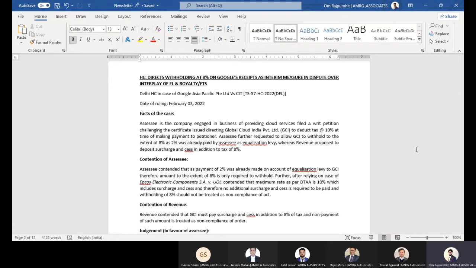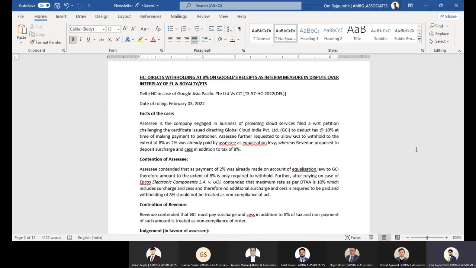Thereafter, Global Cloud filed an application for a lower withholding certificate, and the department directed them to withhold 10% TDS.